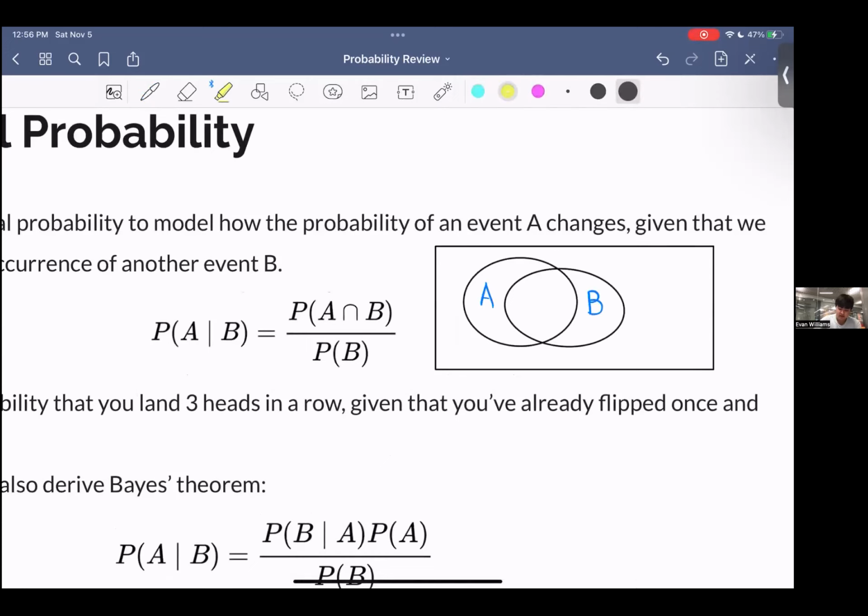If we know that B happened, then that restricts the possibility of other events to whatever B is. We can't have any event that's not in B occur. So now the probability that A occurs is whatever is already covered in B, because our new sample space effectively becomes the right circle.